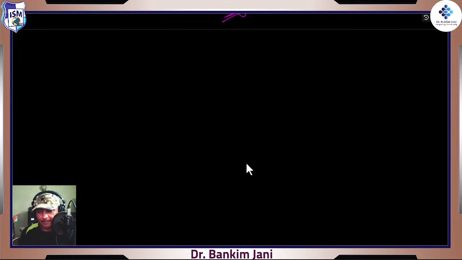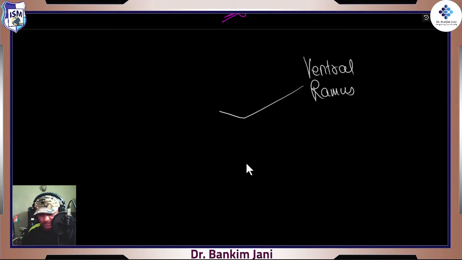Now see the ventral ramus, again it is a conceptual thing. Ventral ramus is coming out, and this divides into two, and they are called divisions.